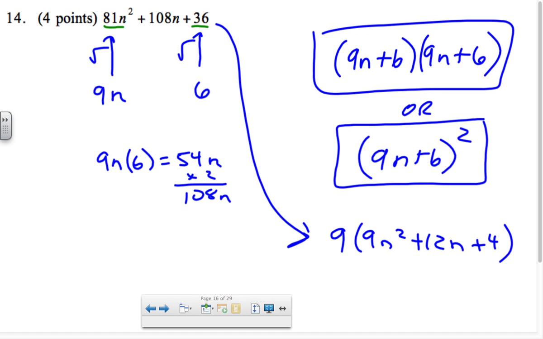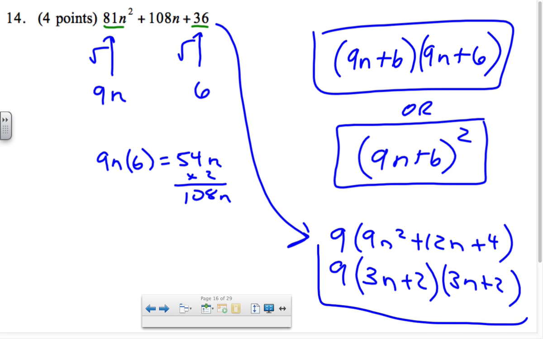And I still have perfect squares, so the pattern is still going to work out. It would be 3n plus 2, 3n plus 2. So this is technically the correct fully factored answer.